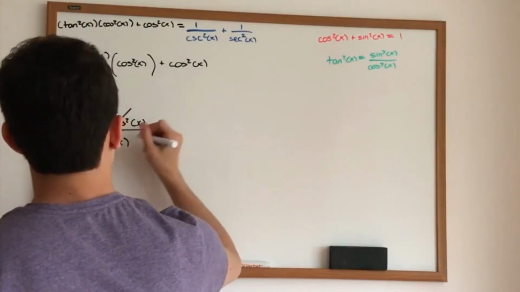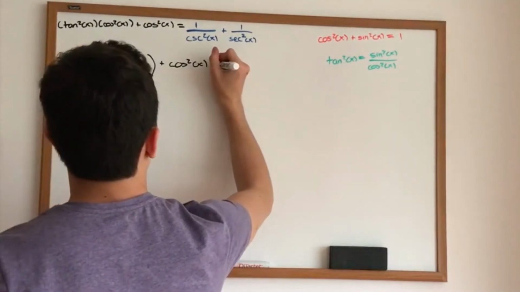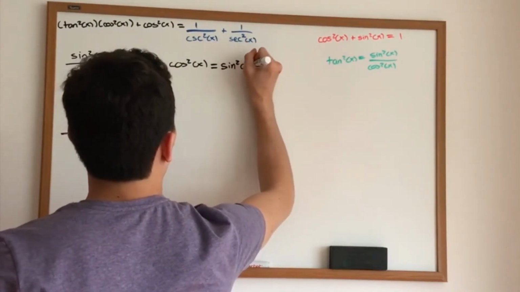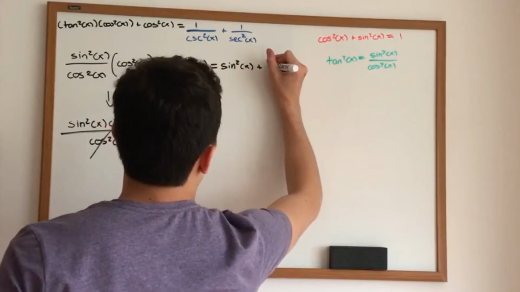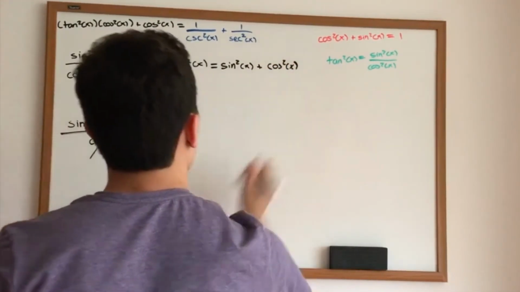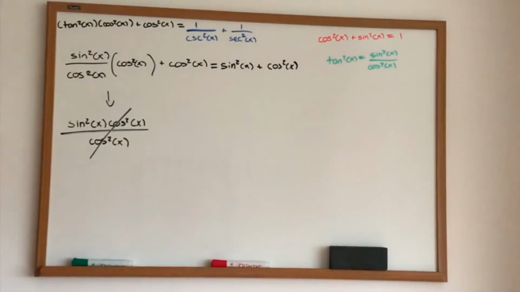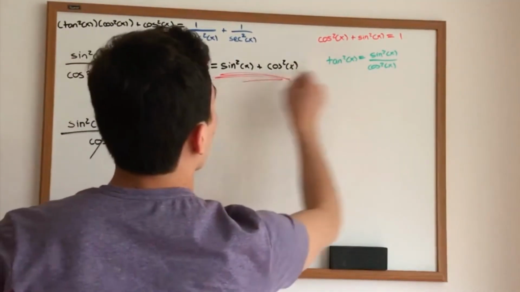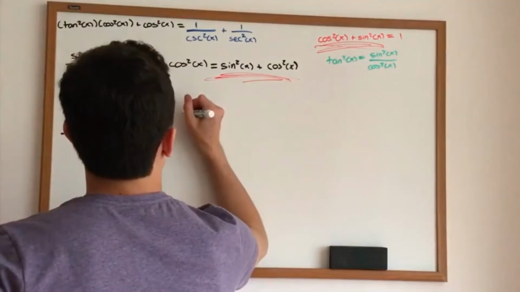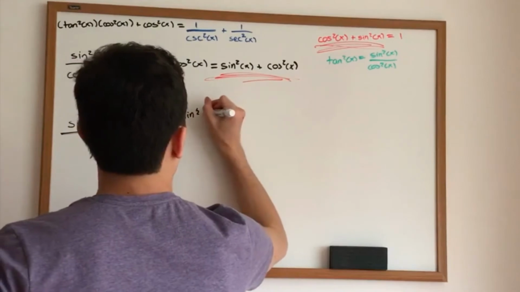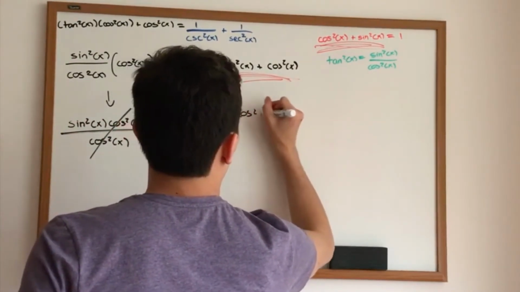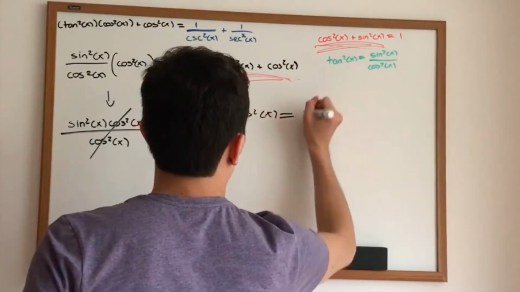So we do this, and then on the other side of the equation, we can use reciprocal identities. And this would leave us that 1 over cosecant square of x is equal to sine square of x, and 1 over secant square of x is cosine square of x.